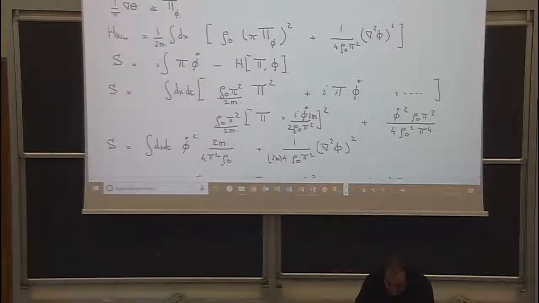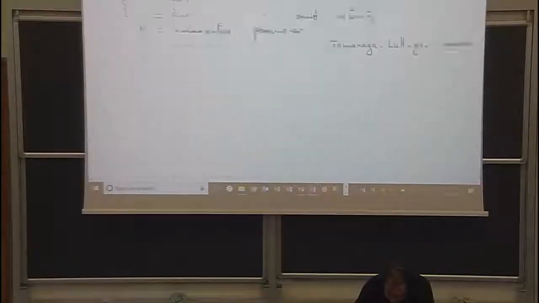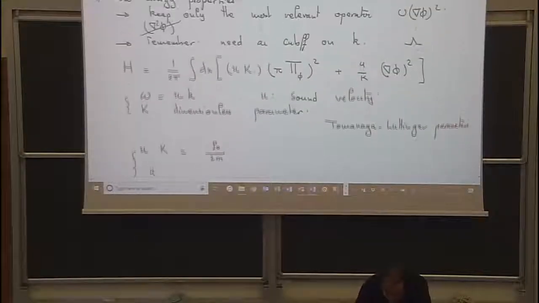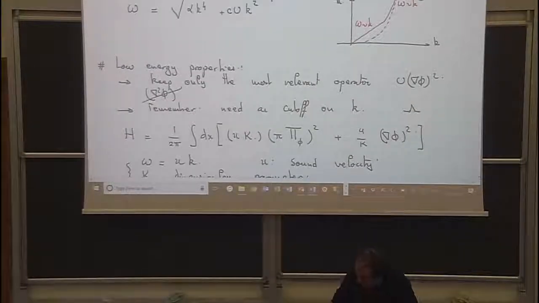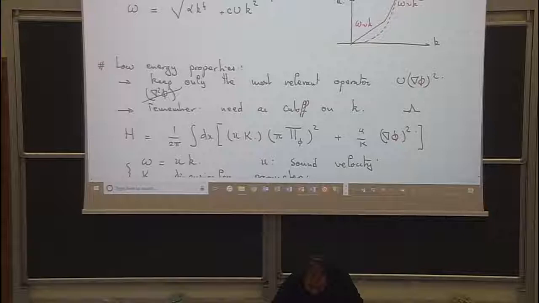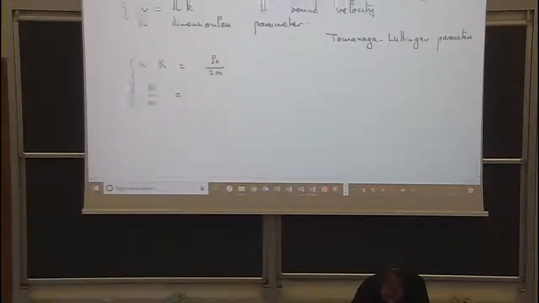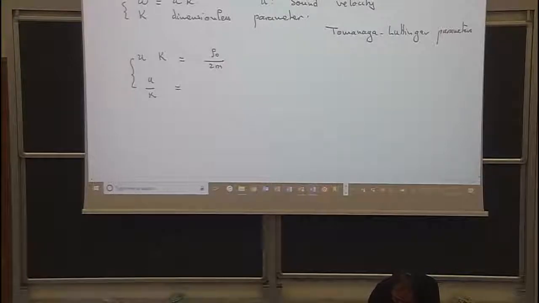So I have rho 0 over 2m, which is the product u times K. And essentially, and I probably screw up with factors of pi, I don't think it's really important, u times K is pi rho 0 over m, because this is u times K divided by 1 over 2 pi.